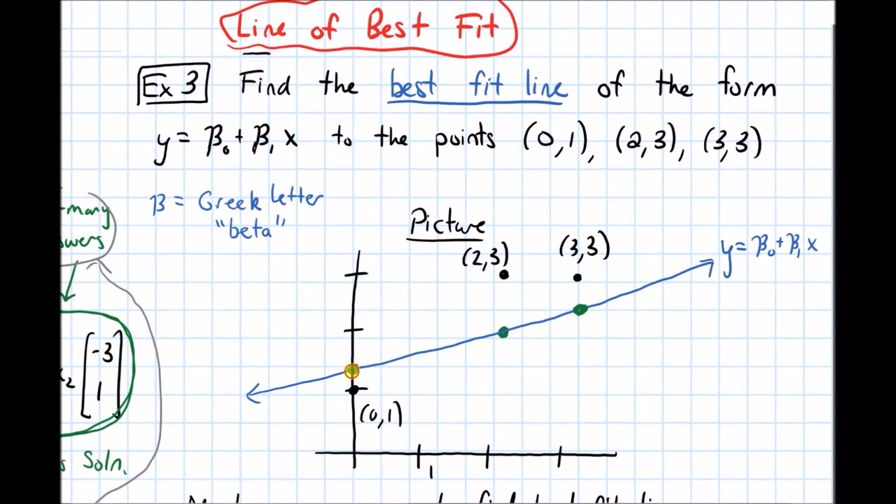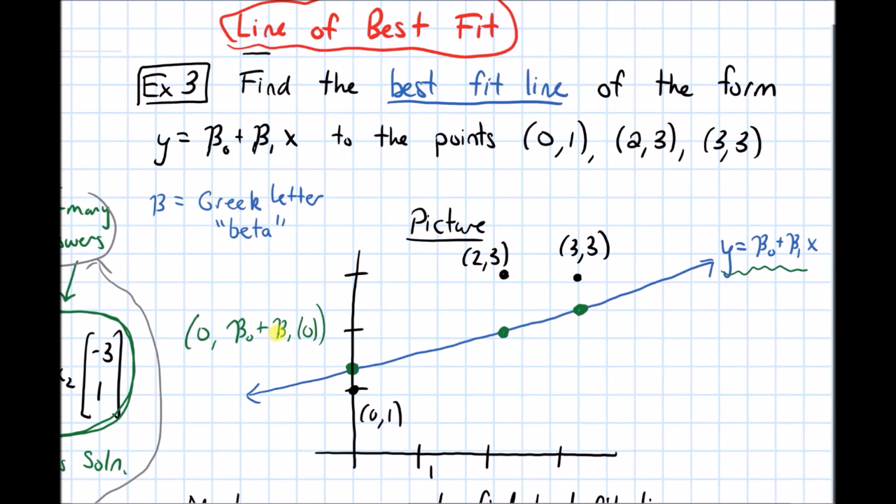Now let's write down the coordinates for each of these points. For this first green point above (0, 1), its x-coordinate is still the same, it's 0. And the y-coordinate we'd get by plugging 0 in for the x in the equation of the line. So that would give us beta naught plus beta 1 times 0.